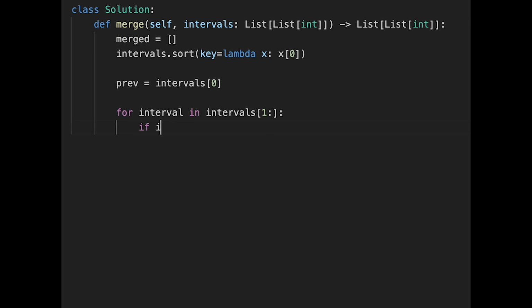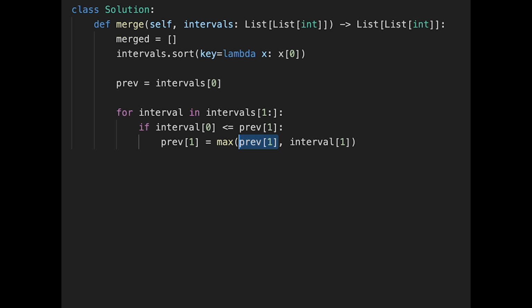Then if the current starting time is less than or equal to the previous ending time, in that case we just update the ending time in the previous interval, prev index 1, with the max of prev index 1 versus interval index 1, the current ending time or the previous ending time.